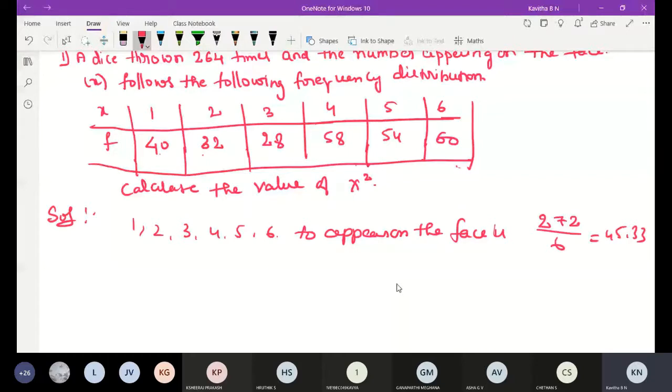Then write down the numbers on the dice: 1, 2, 3, 4, 5, 6.